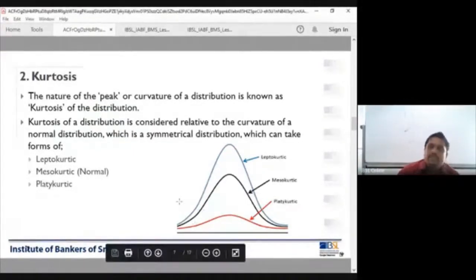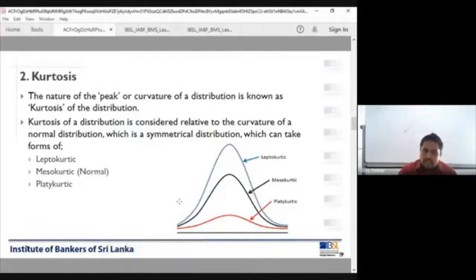The three instances we discussed a moment ago are statistically defined by these three words. The middle one, mesokurtic, would be the normal distribution, where the distribution will have a normal height or relatively normal position.